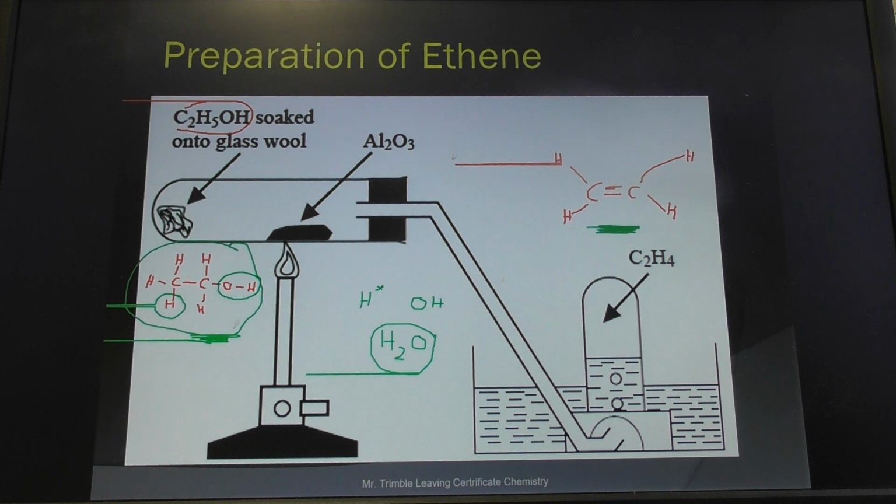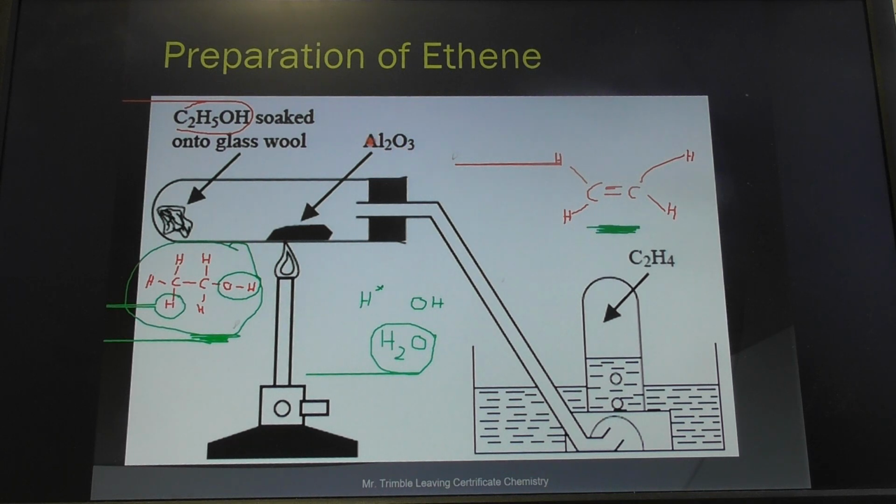In here you have some glass wool. It needs to be glass wool and not cotton wool, because we're heating it with a Bunsen burner right here. And that's in here, it's just glass wool soaked in a little bit of ethanol. There's aluminium oxide, Al2O3.